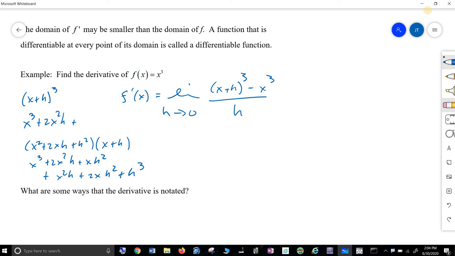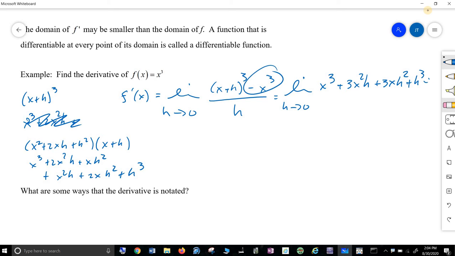Put it together and we get, cross that out, limit as h approaches 0, x to the third plus 3x squared h plus 3xh squared plus h to the third. That's better. Coming back to me. Still got the minus x to the third, all over h.